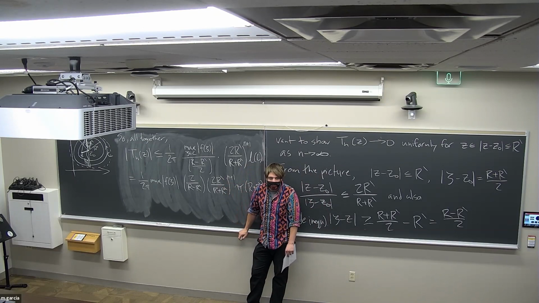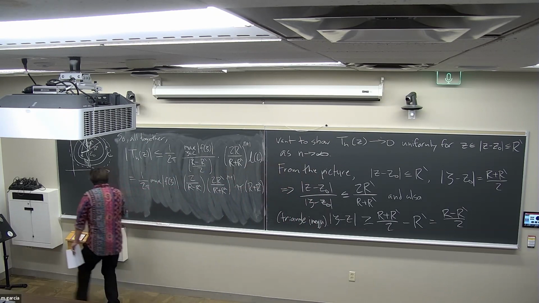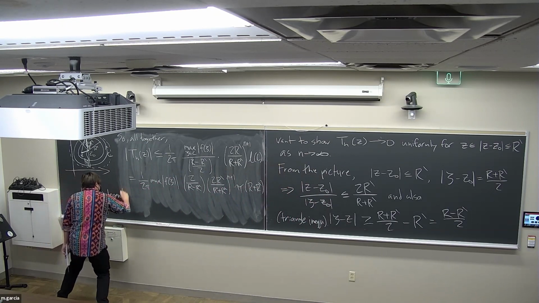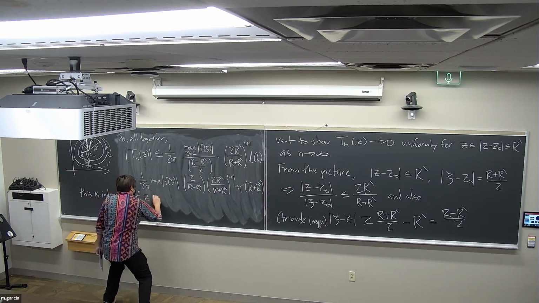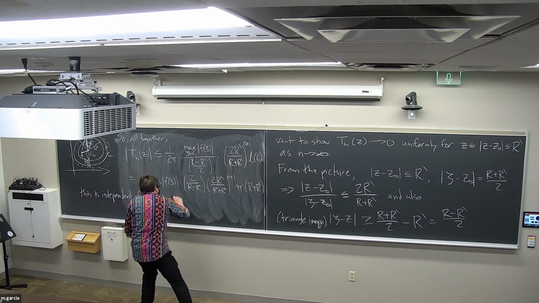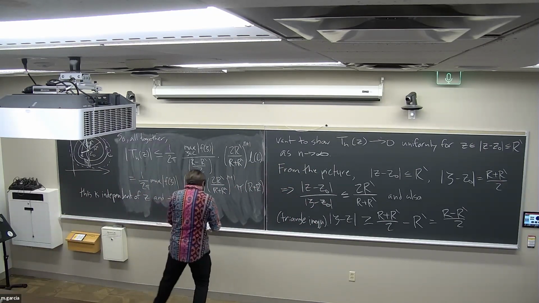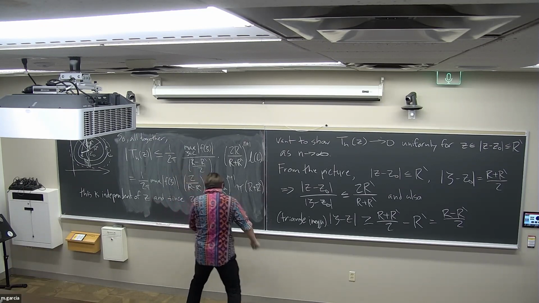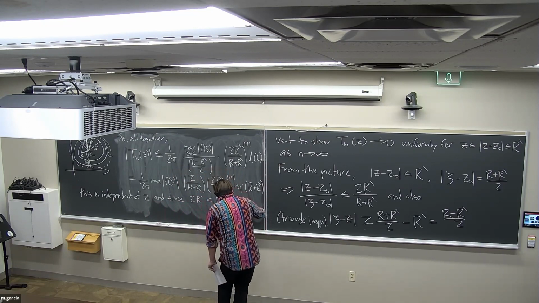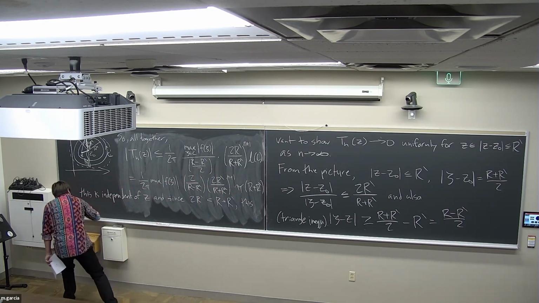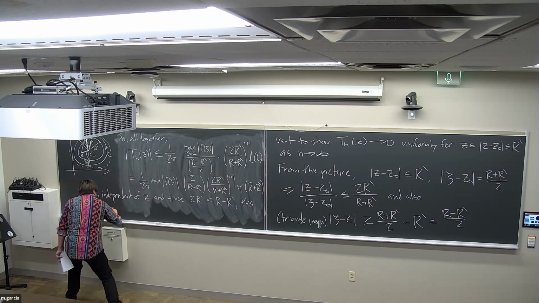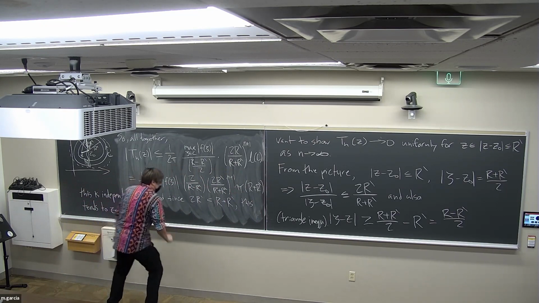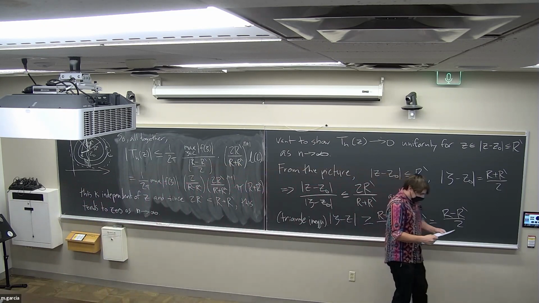So it's independent of z, and since 2r prime is strictly less than r plus r prime, this tends to 0 as n goes to infinity. So there you have it.